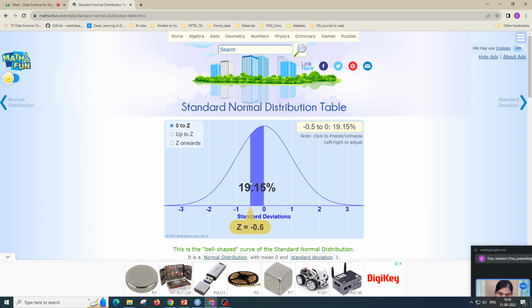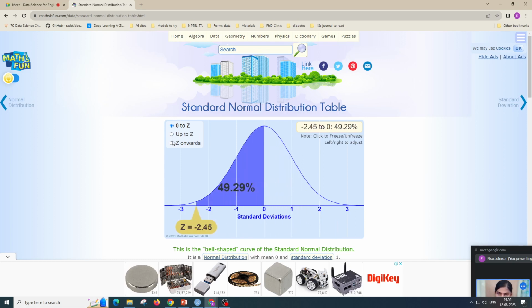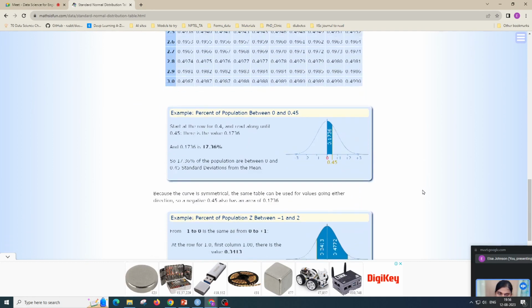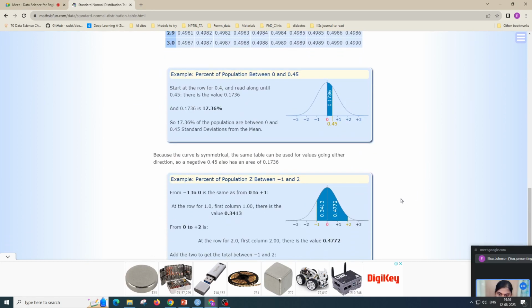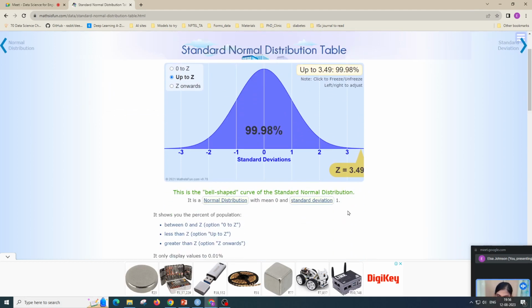If you want to see, this is like the z score standard normal distribution table. If you are seeing it like this, at z equal to 2, it's 47%, and if you want to see up to here, it's like this. So this is one sided, then two sided is also present. This is one interactive thing that you can see. This is the 100% of the table.